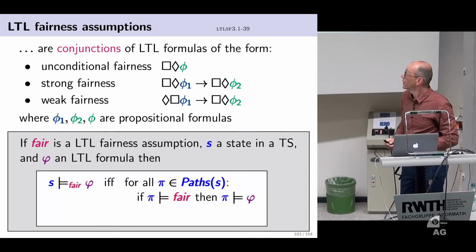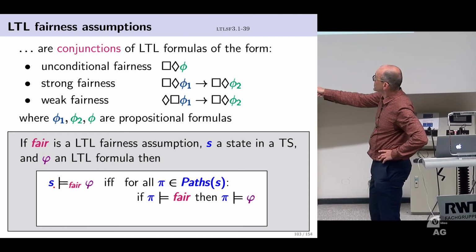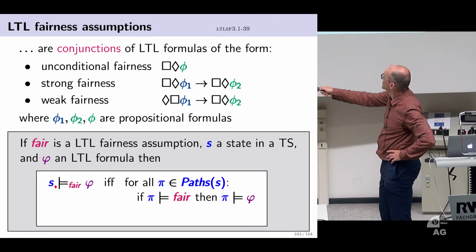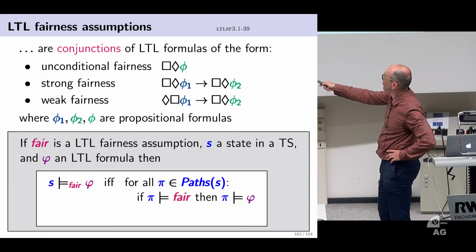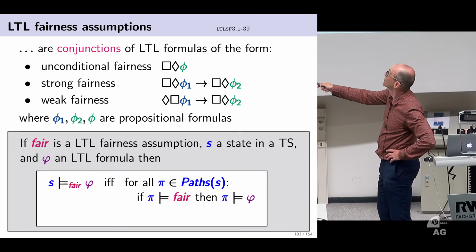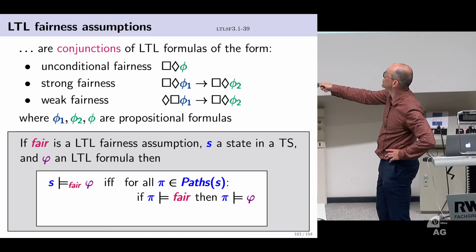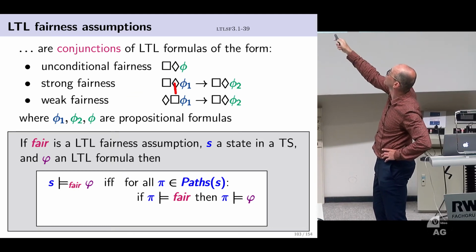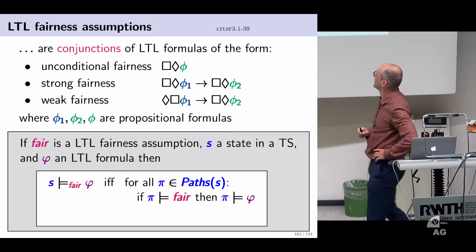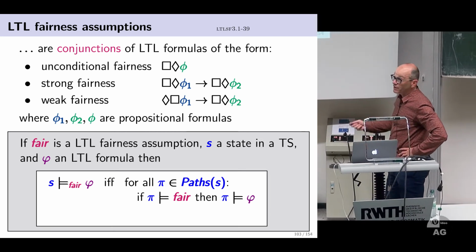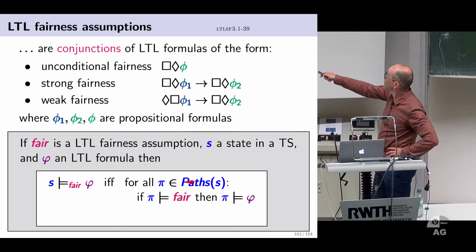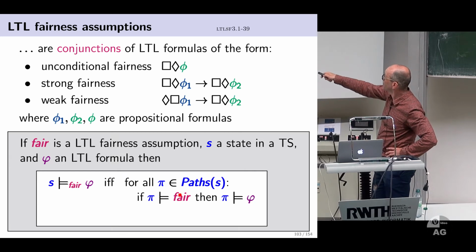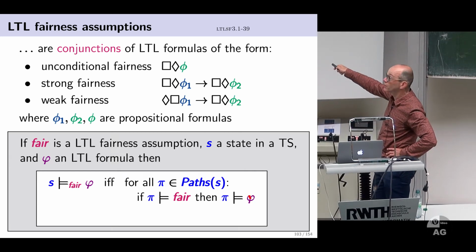Then we define: a state S in my transition system satisfies the LTL formula phi under the LTL fairness assumption fair, so basically a conjunction of these formulas, if and only if, similar as before, for all the paths starting in S, if the path is fair, then it needs to fulfill phi.